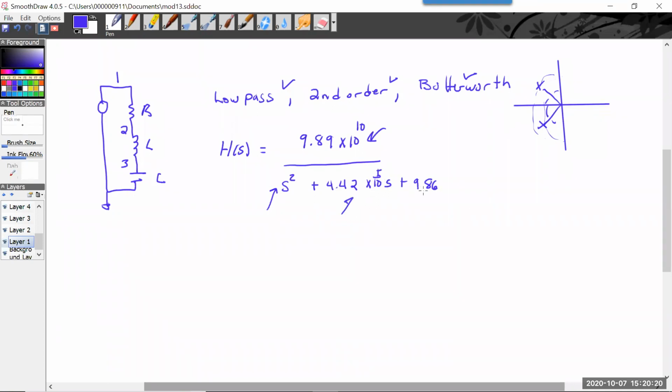And then there's an S. Now, we can tell that this is a low pass filter because if I just set S equal to 0, these drop out, and then these cancel and it's 1. And then when the frequency increases, it drives this down. So it's a low pass filter. It just happens to be second order. And if I did it in pole-zero format, I would have complex poles. But this format has some advantages, all right?